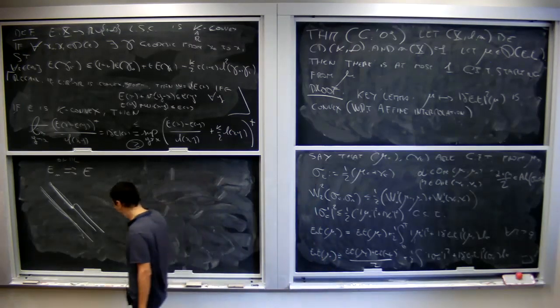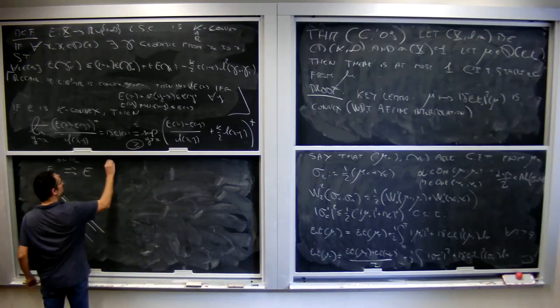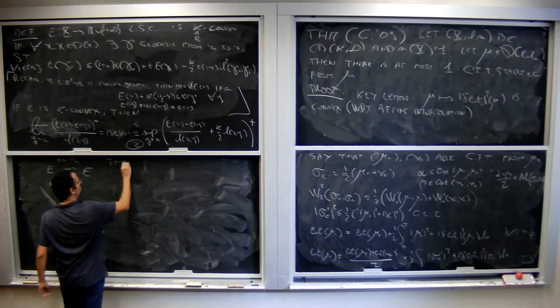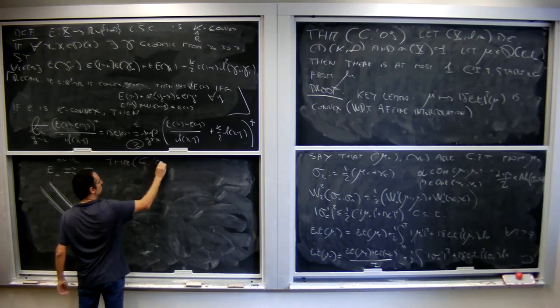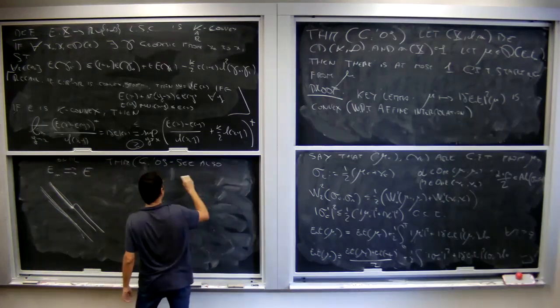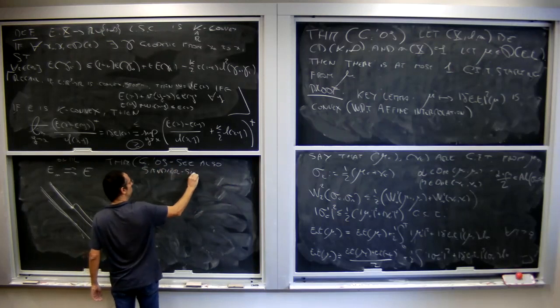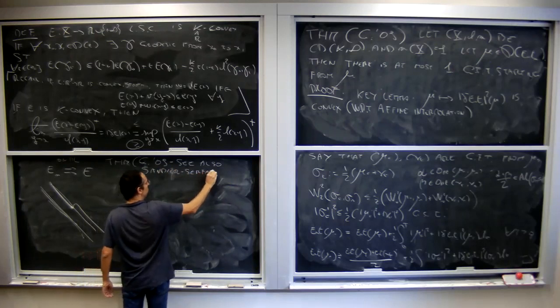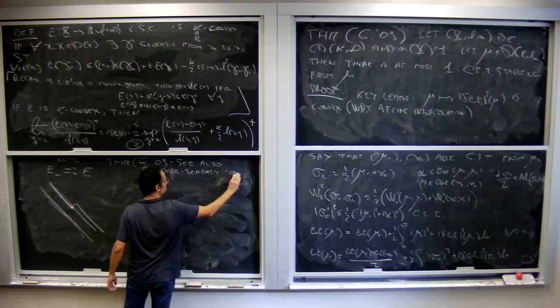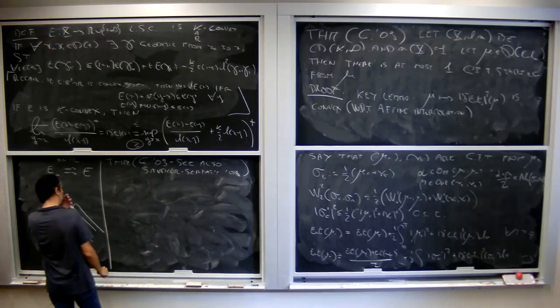Okay, and the theorem is this. Theorem. This is also a theorem of mine in the same paper as before, but see also Sandier-Serfaty. That's 1.8. The theorem does the following.